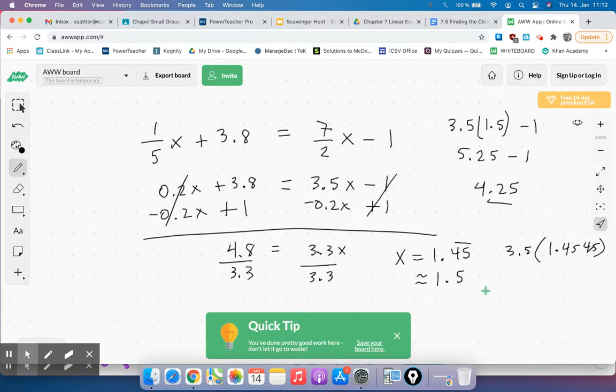We're going to get 3.5 times 1.454545, just do a bunch of 4.5s repeating. We're going to get 5.09 repeating. And then when we subtract 1, we end up with 4.09, which is about 4.1. So just a good example of rounding and the errors that can come with that.